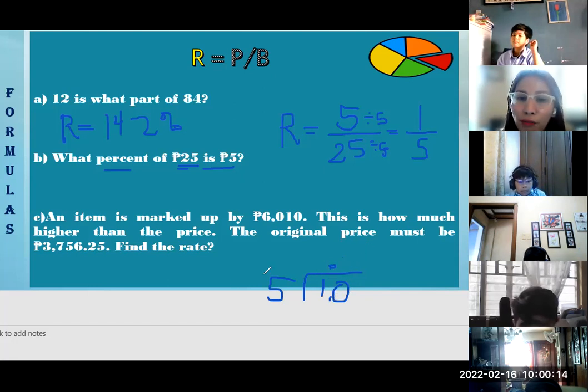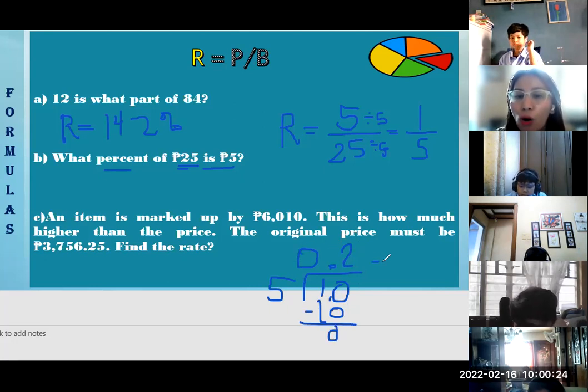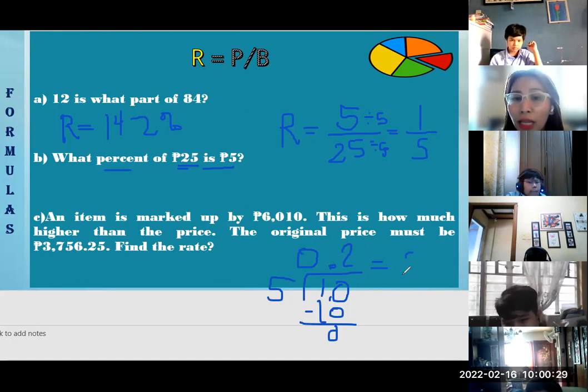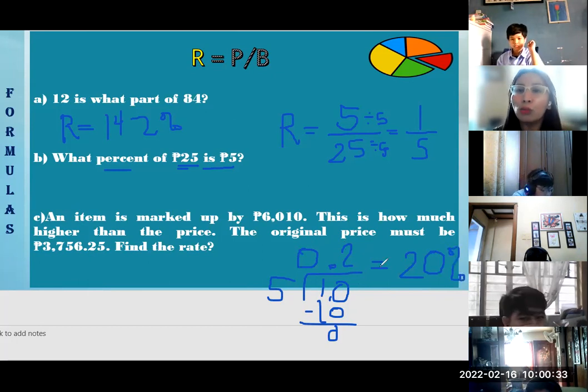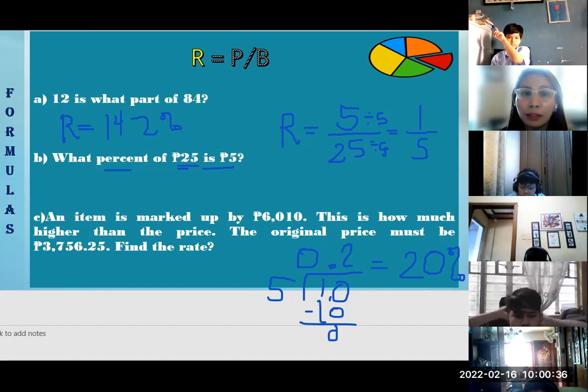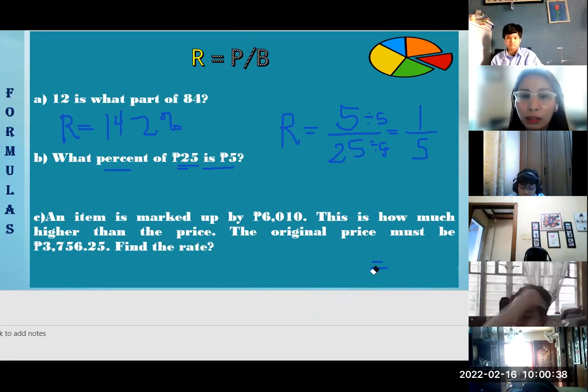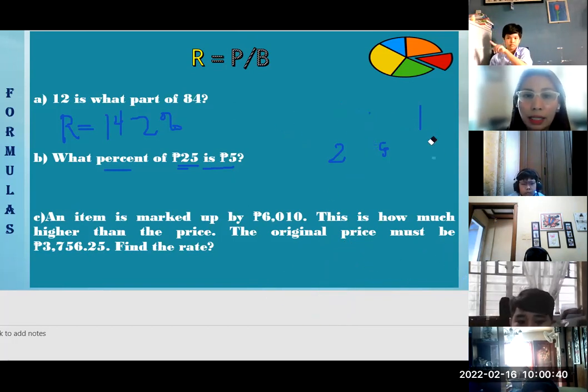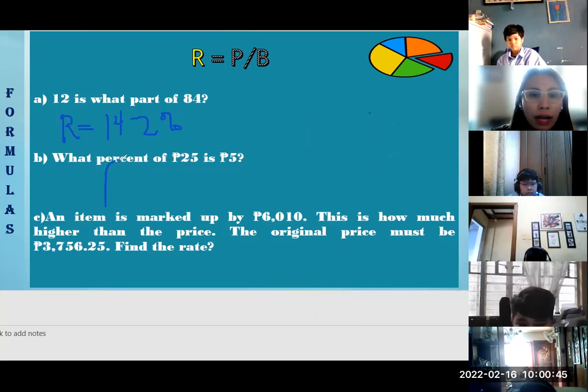So 10 divided by 5, we have 2. 2 times 5, it's 10, and then 0 na yung answer. 0.2, katabi na siya ng point, therefore 20%. 20% is the answer. The rate is now 20%.